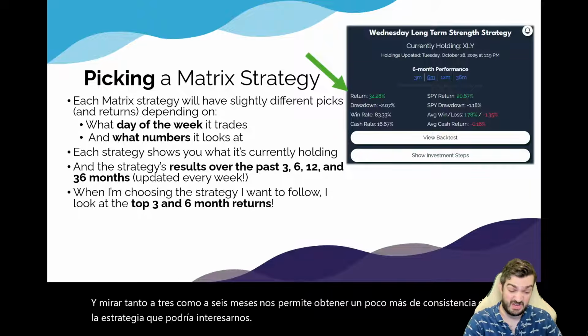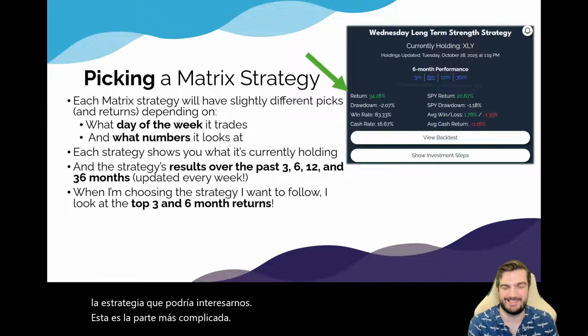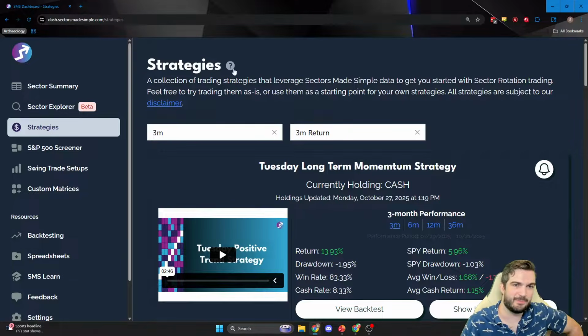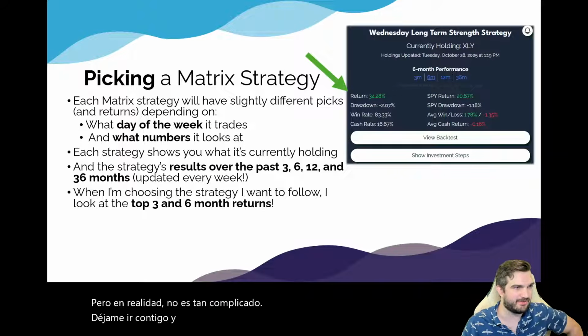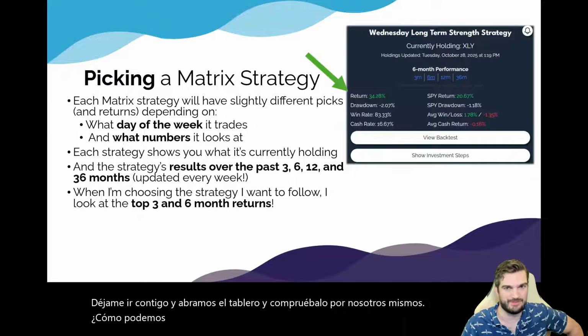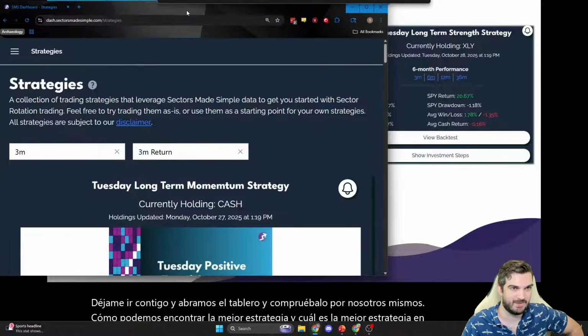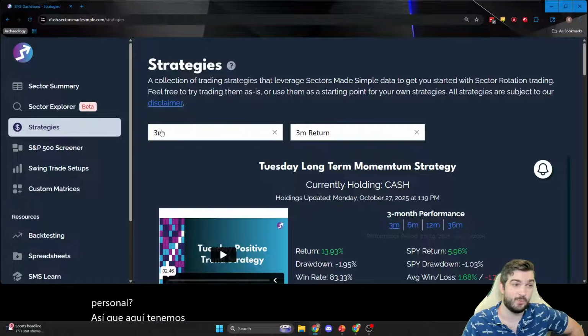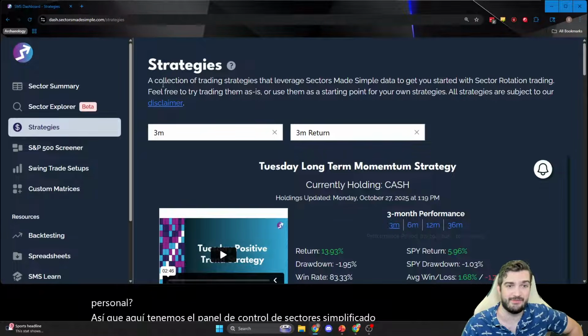This is the trickiest part, but really it's not that tricky. Let me actually go with you and let's open up the dashboard and see for ourselves how we can find the top strategy and what the top strategy, in my personal opinion, is. So here we have the Sectors Made Simple dashboard, where we offer all of the tools that we have here.